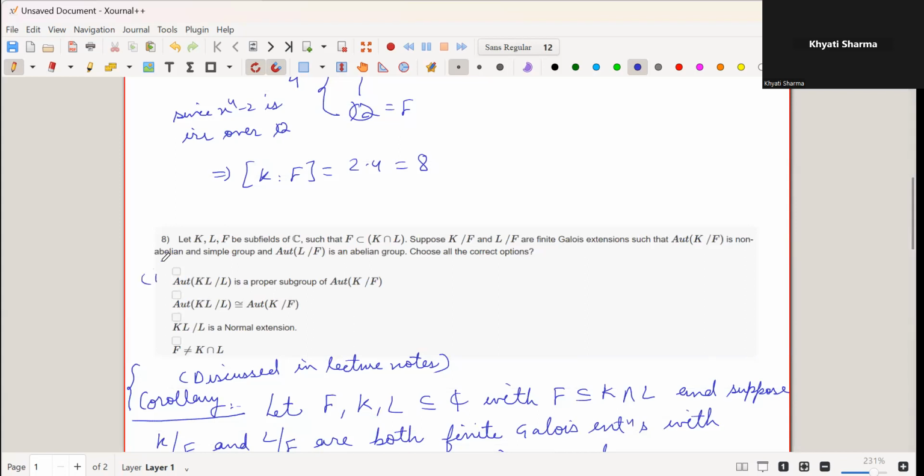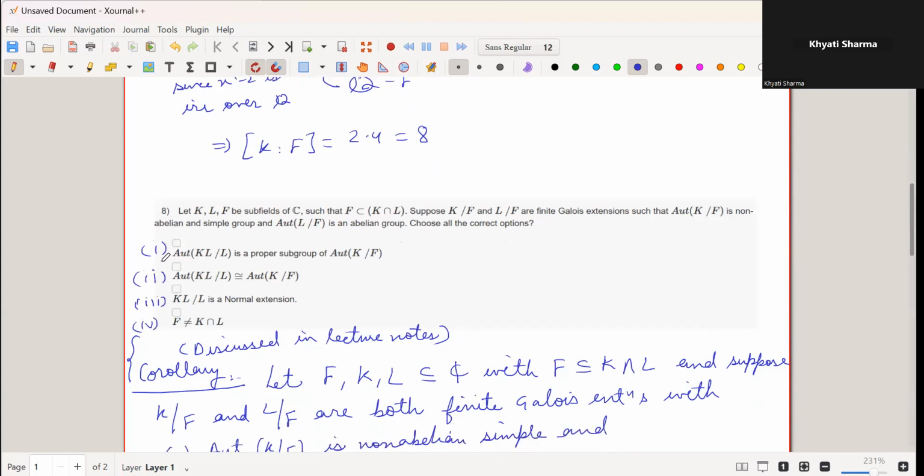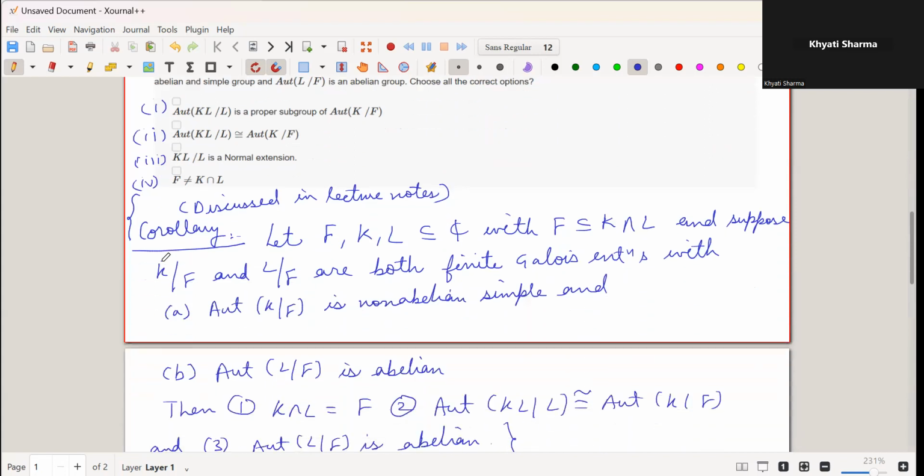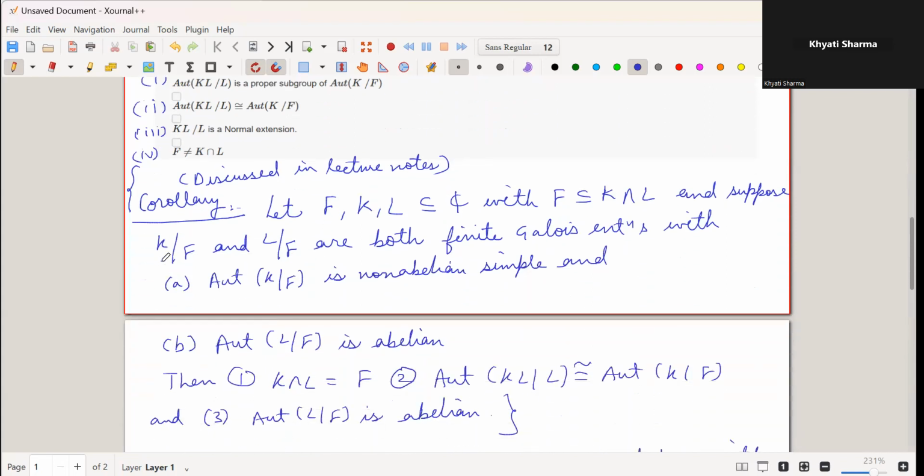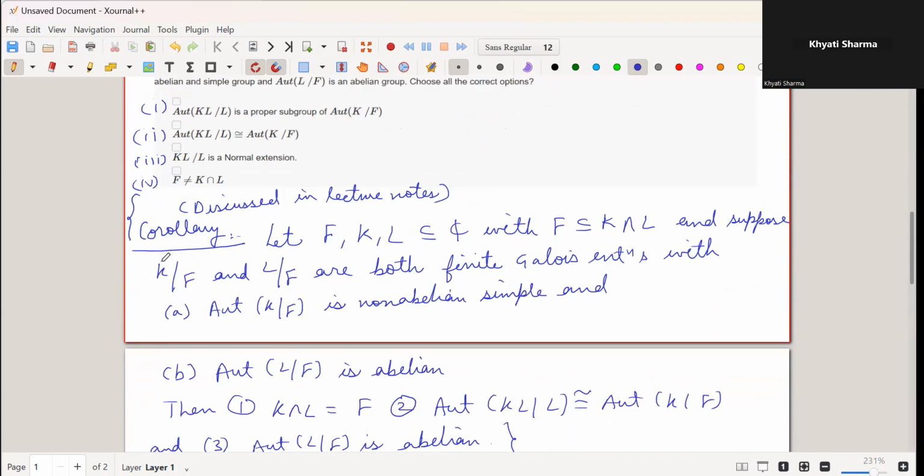Say this is first, this is second, this is third, and this is fourth. So Aut of KL over L is a proper subgroup of Aut of K over F. This is not true because this is isomorphic to this.